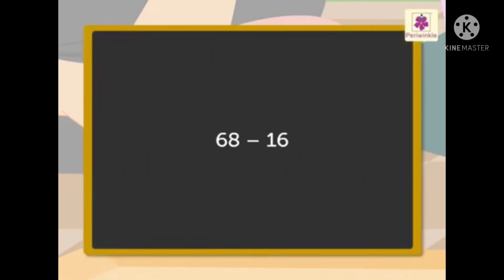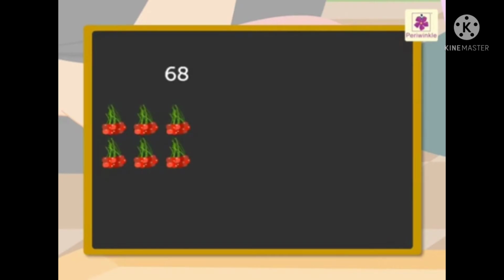We have to subtract 16 from 68 to find the number of cherries left. 68 cherries mean 6 tens and 8 ones cherries, and 16 cherries mean 1 ten and 6 ones cherries.